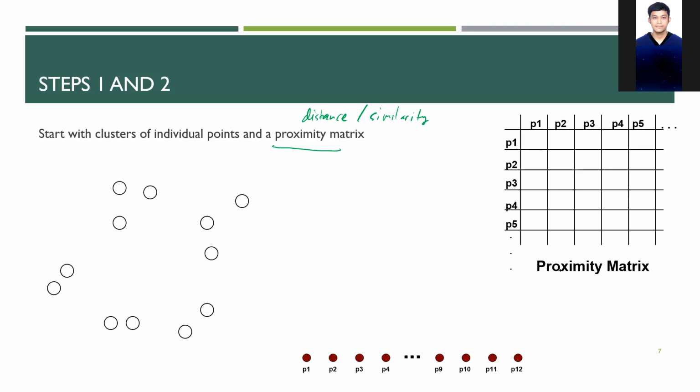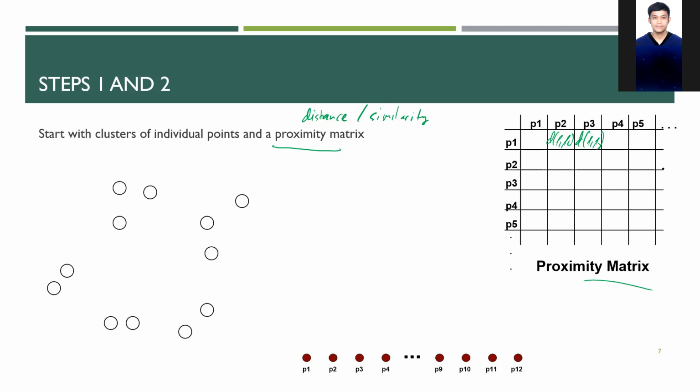For example, we use distance, using Euclidean distance. So in this matrix, we will fill it with the Euclidean distance, for example between P1 and P2. This is the distance between P1 and P3, and then for all of these.